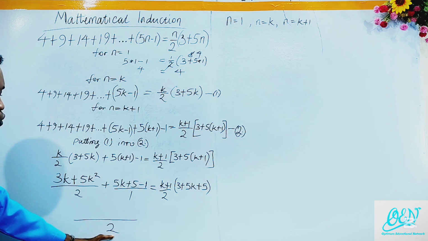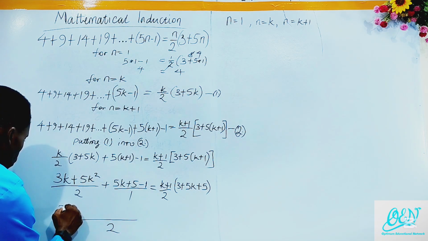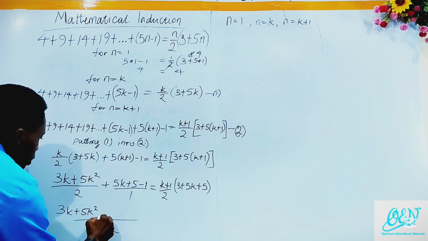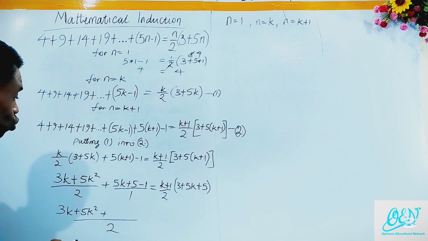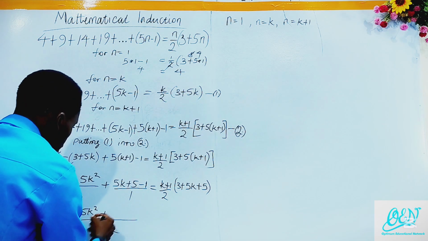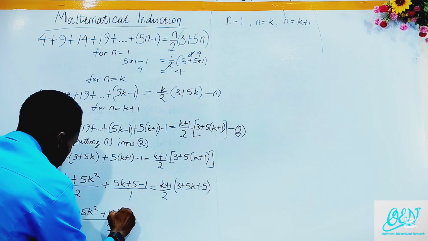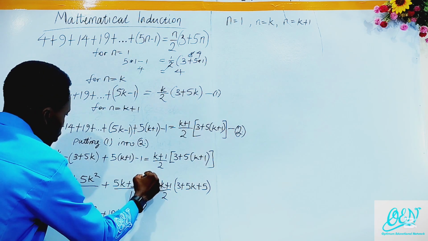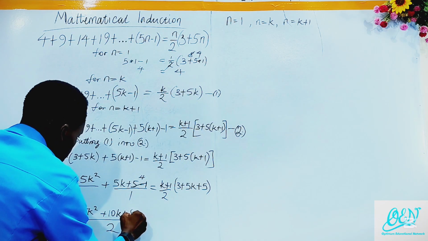So 2 divide 2, we have 1. 1 will multiply everything here now. So we have 3k plus 5k squared plus, 1 divide 2, we have 2. So multiply everything here by 2. So 2 multiplying 5k is 10k plus 5 minus 1 is 4. So 2 multiplying 4 is 8.